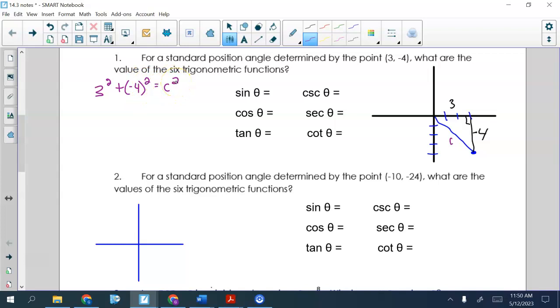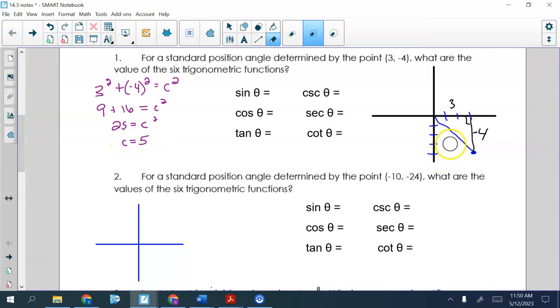Now, since your y there is a -4, but you're squaring it, it's always going to turn back to positive. So the hypotenuse will always be a positive number. Okay, so we get the square root of 25, which is 5. That's going to be that third side, the hypotenuse.